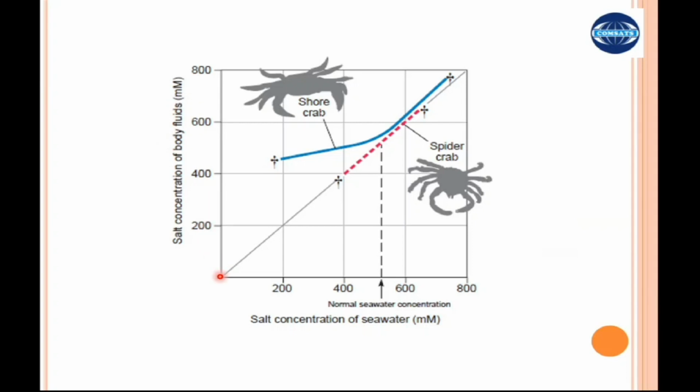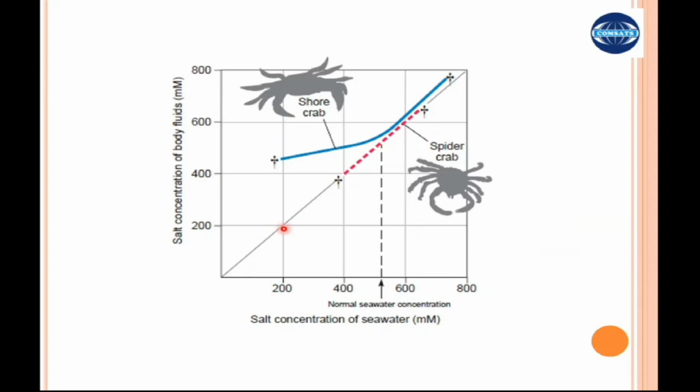If we draw a diagonal line from 0 to the maximum, this is called the isotherm or conforming line. The animals which cannot maintain their internal conditions different from the external conditions, as we explained earlier, are known as osmotic conformers. So they will lie on this line.